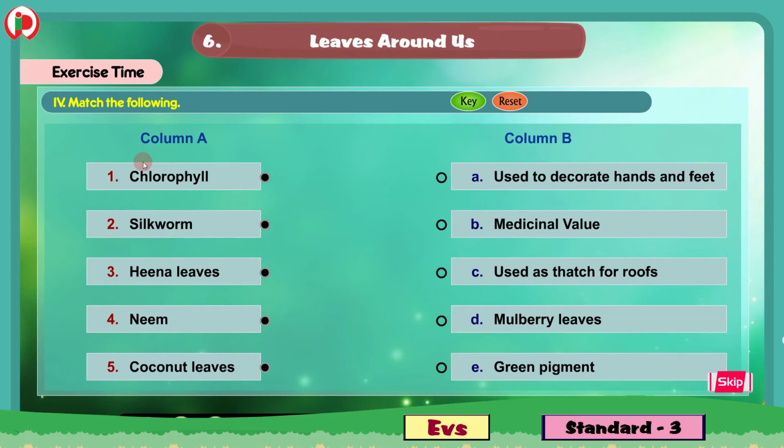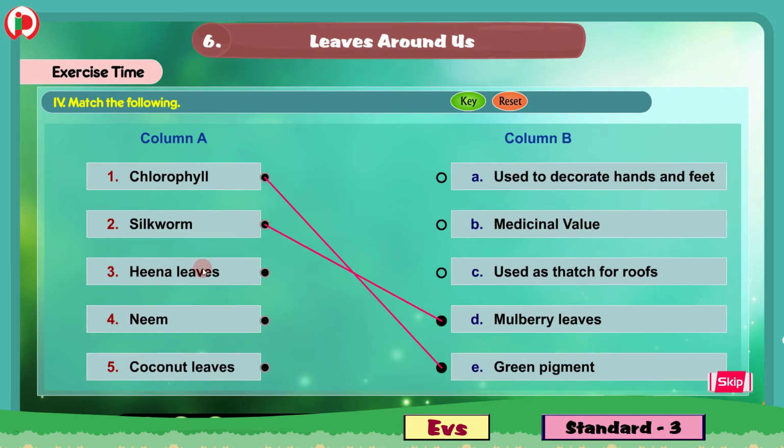So children, now we will match these words with that of column B. 1. Chlorophyll is a green pigment. So we will match chlorophyll with E, that is green pigment. 2. Silkworm. We will match silkworm with mulberry leaves because silkworm eats mulberry leaves. 3.